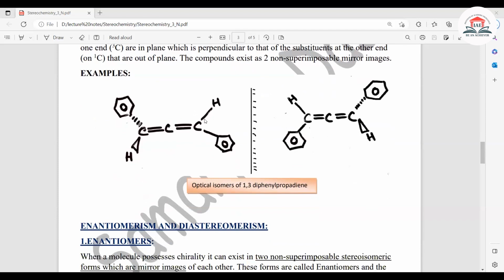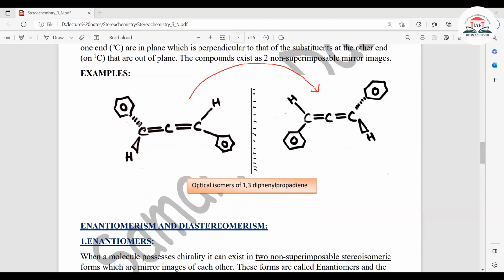Here is an example. You can see that on the left hand side, the first carbon has hydrogen and phenyl groups attached to it, which are in plane, and on the other end, the phenyl and hydrogen are out of plane. If you take the mirror image and put this one on this one, we will not get a superimposable mirror image.